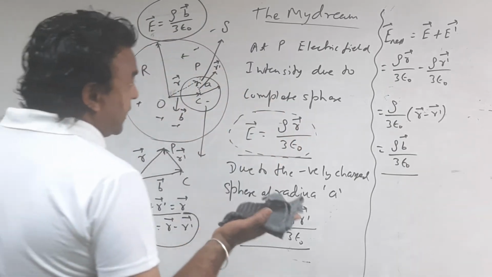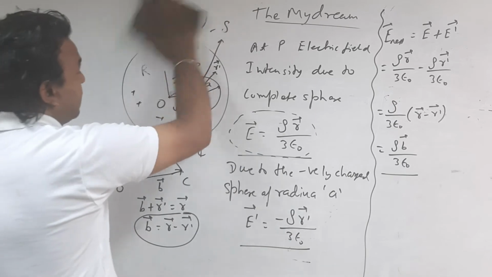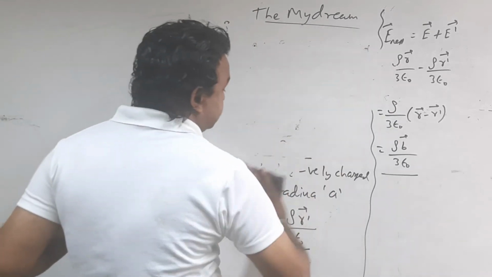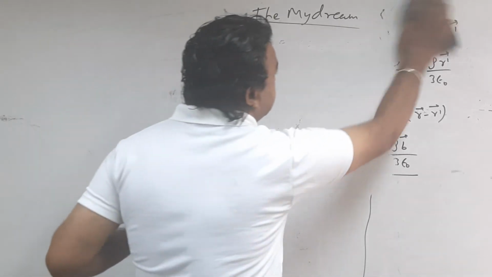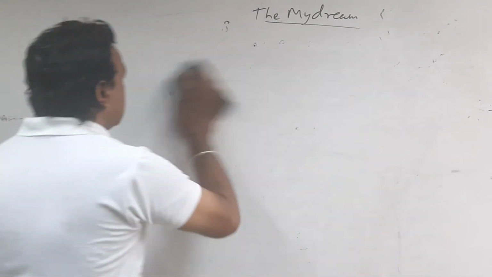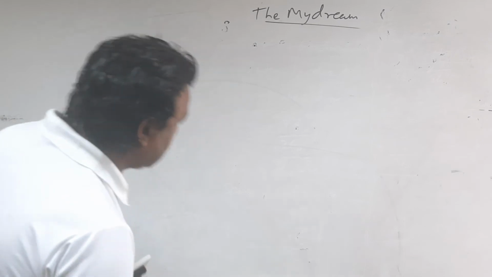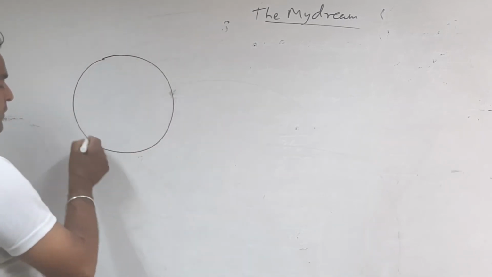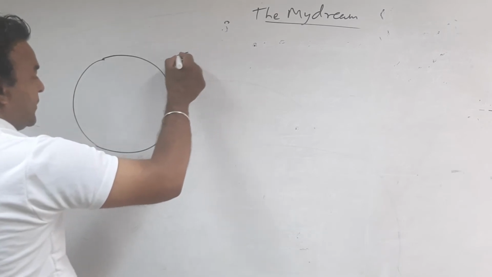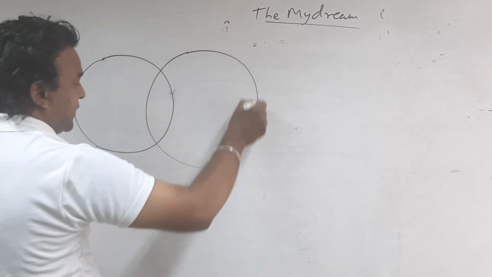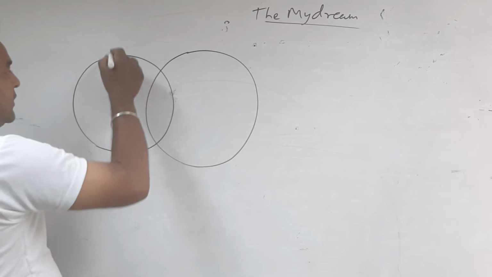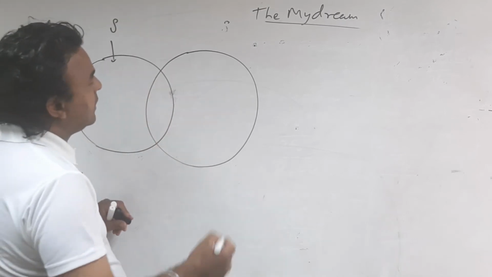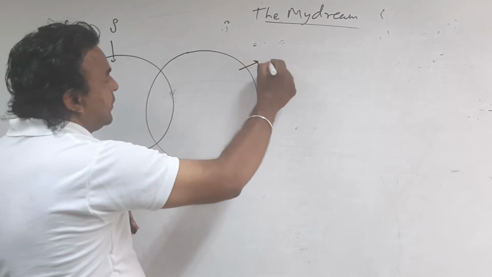In another way, I explain in another application the same kind of situation. But this time I take two spheres. One sphere is here, another one is this, and this is, say, positively charged rho, and this is also positively charged rho.